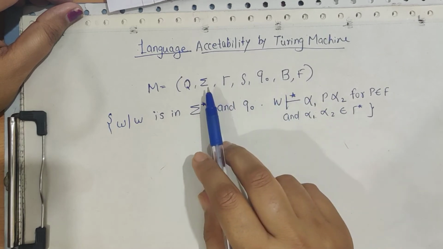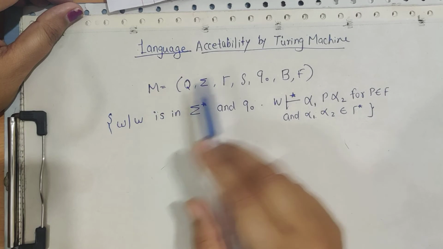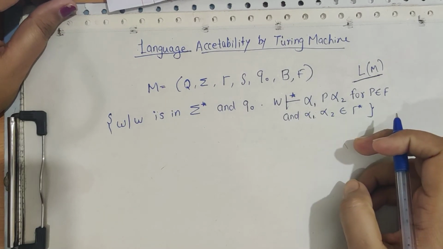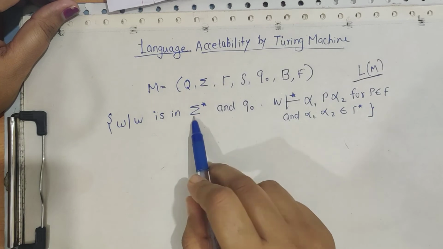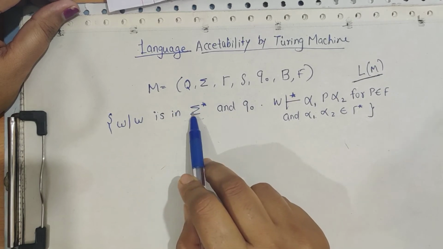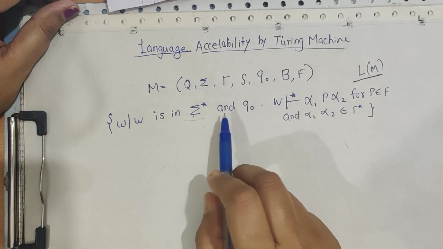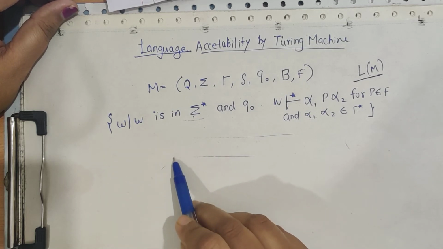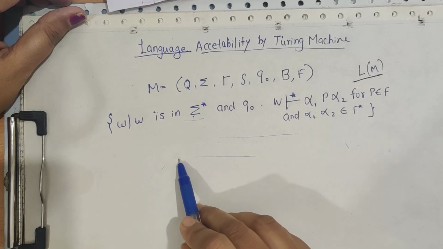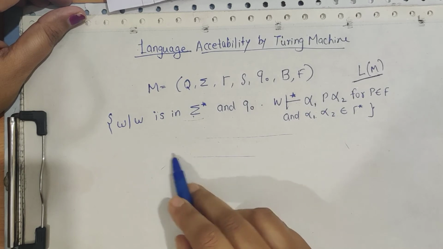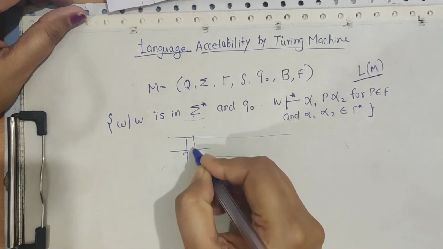The language accepted by the Turing machine M is denoted by L of M. L of M is the set of those words in sigma star that cause the machine to enter the final state when placed, justified at the left end of the input tape, starting from the leftmost symbol on the tape of M, with M in state q0 and the tape head at the leftmost symbol of the string.